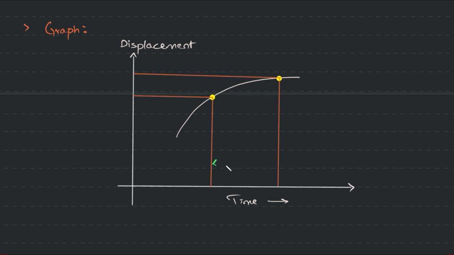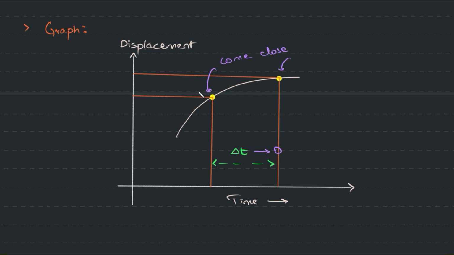My funda is that this difference in time has to tend towards 0, meaning these 2 points have to come close to one another.